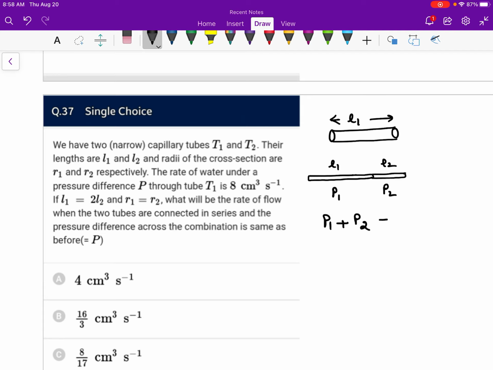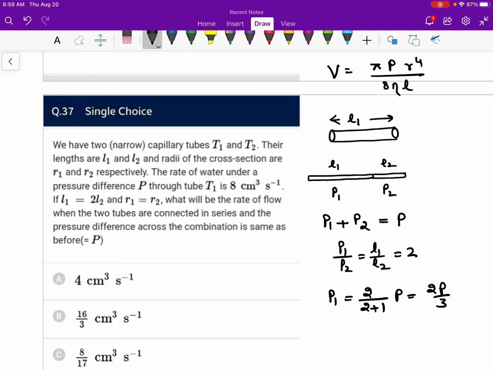So P1 plus P2 is P. From Poiseuille's law, volumetric flow rate is pi times pressure difference times radius to the power 4 upon 8 eta L. In both capillaries, volumetric flow rate, eta and radius are the same, so pressure is proportional to L. So P1 upon P2 is L1 by L2, that is 2. So P1 is 2 upon 2 plus 1 into P, that is 2P by 3.